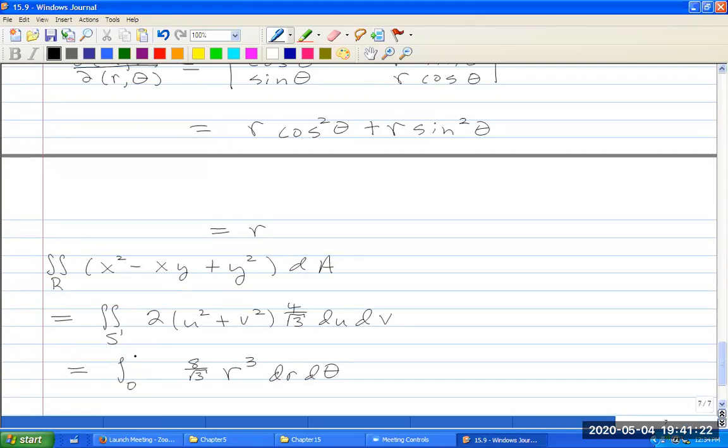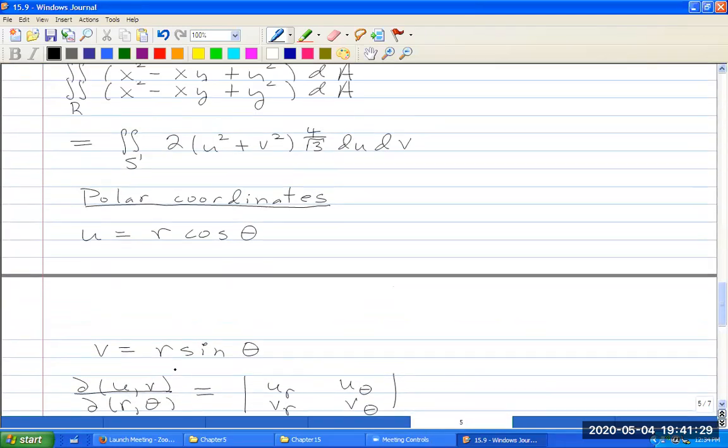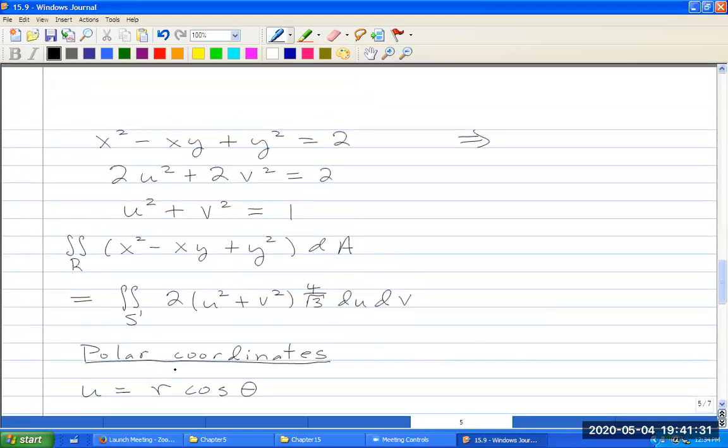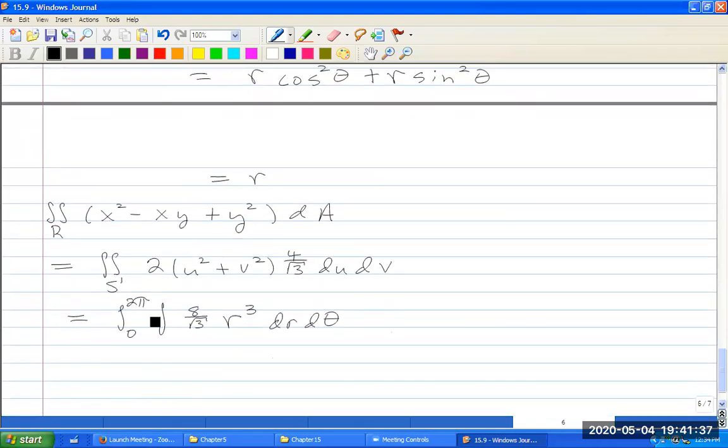And the radius turned out to just be a unit circle, so I'm integrating over this unit circle. So it's just the integral from 0 to 1.